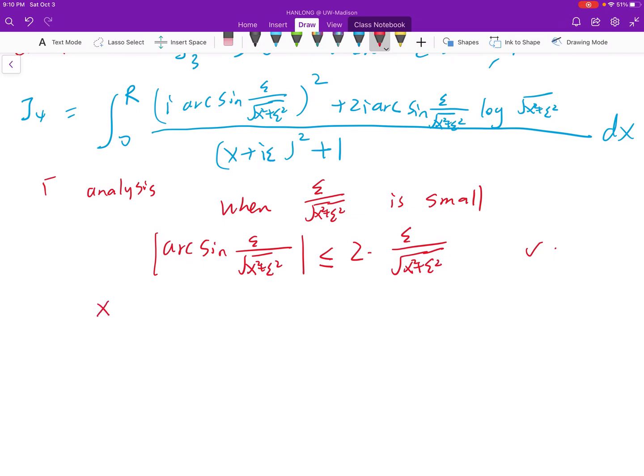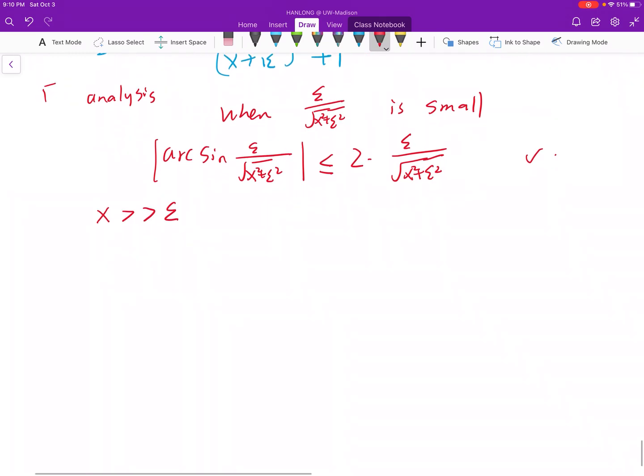Okay, so now when will this be small? If x is greater than epsilon largely, then this will be small.